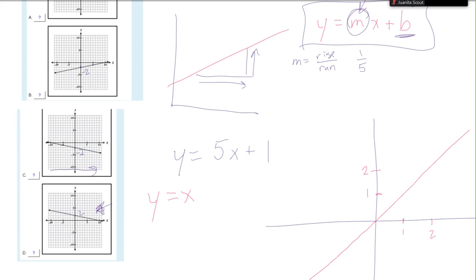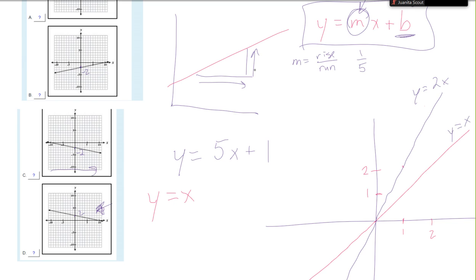If I put a number in front that's bigger than 1, say there's a 2 in front, all of a sudden at 1 this is going to be 2. At 2 it's going to be 4. And at 3 it's going to be 6, and so on. And it's going to be steeper, and we're going to get a different slope. Like this would be y is equal to 2x. This would be y is equal to x. 5x is going to be even steeper, because at 1 your answer is going to be 5.